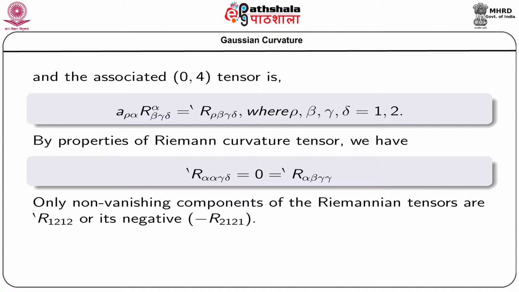The only non-vanishing components of the Riemannian tensor are R dash 1 2 1 2 or its negative. So, only these two components will not be equal to 0, others will be equal to 0.